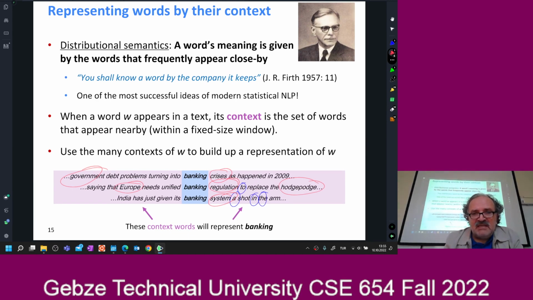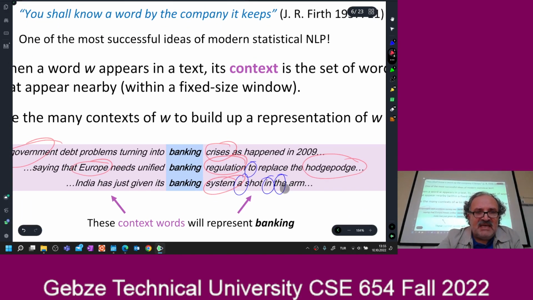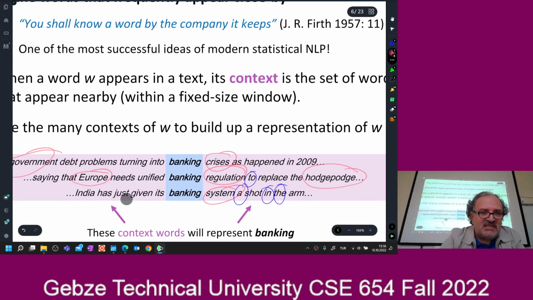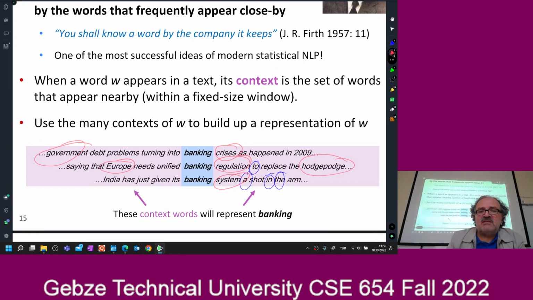You might say that, well, there are lots of words in these sentences like to, in, the, it's, just, has. Well, these kind of words are going to be very similar to every word.